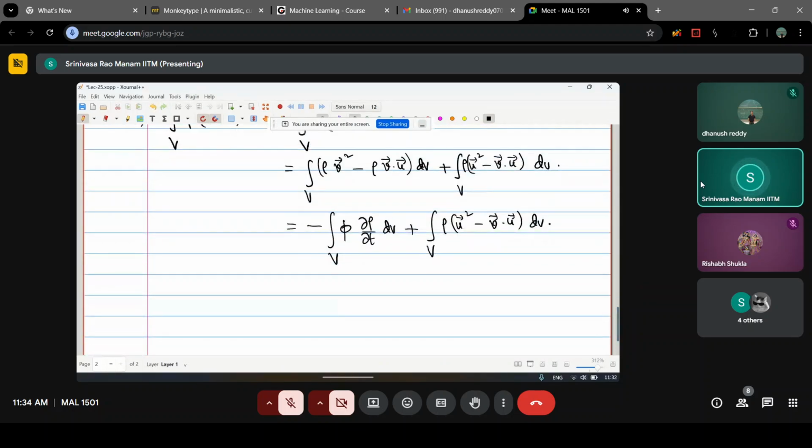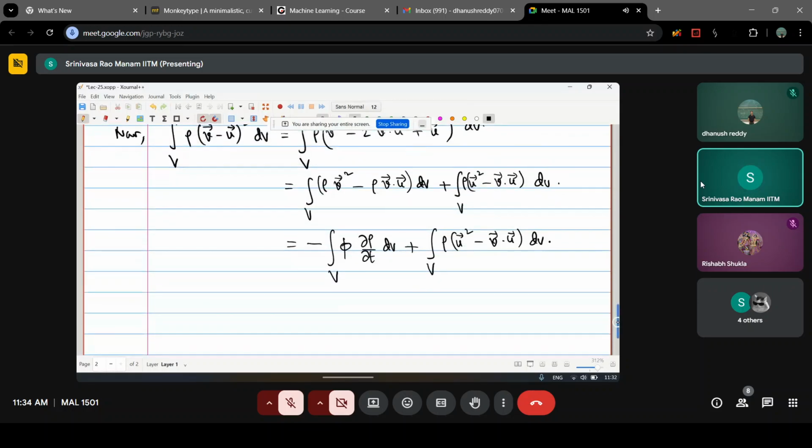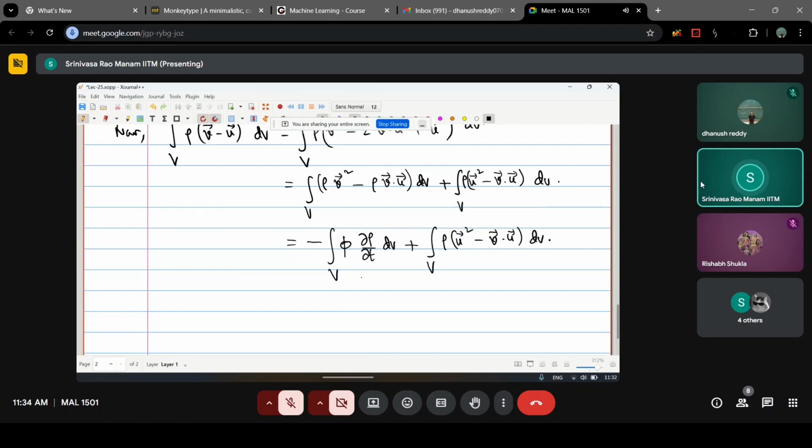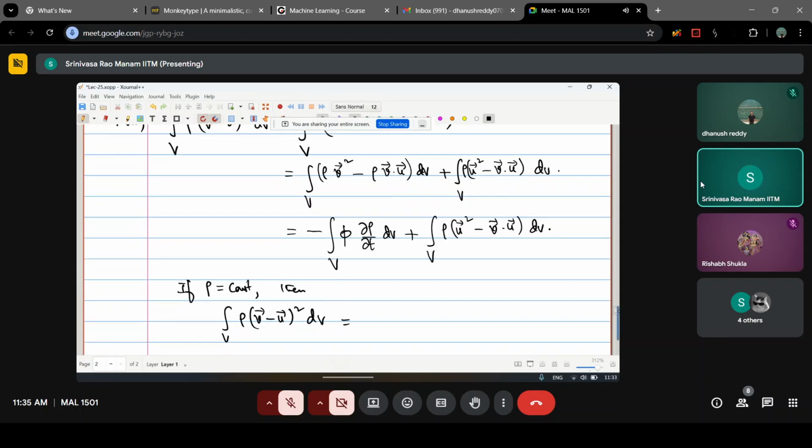Now let me consider rho as constant. If rho is constant, this is 0, right? If rho is constant, or incompressible, homogeneous incompressible fluid, then you'll have integral over V of rho into v bar minus u bar whole square dV equal to, this is 0. And what do you get here?